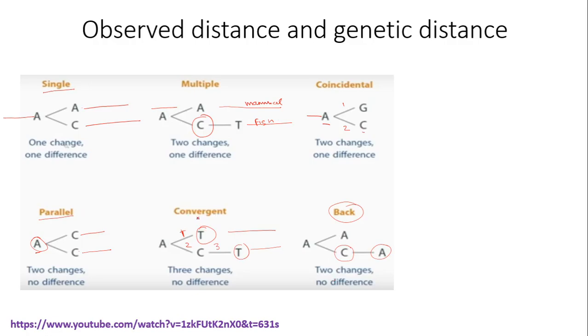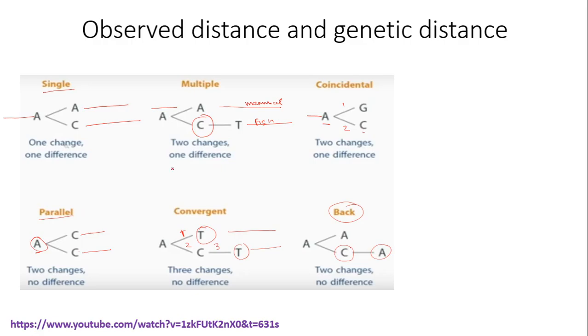Convergent changes can be like there might be three changes but there are still no differences. There can be parallel changes where there are two changes but still no differences. There can be coincidental changes where you can observe that there are two changes but actually there is only one difference, right? In multiple changes there are two changes but there is only one difference.